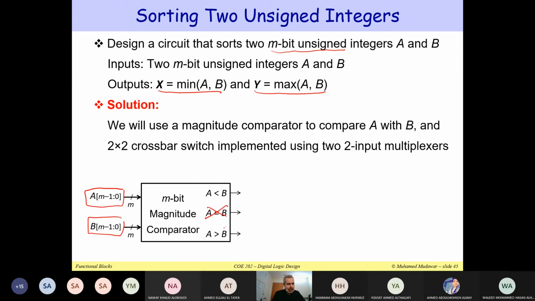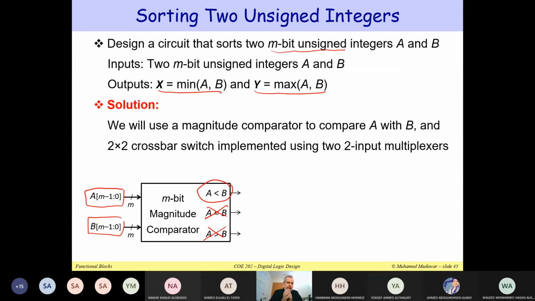I don't really need all these outputs here. It's enough to use one of them, A less than B, because if I know that A less than B is true, is 1, then I know that A is the minimum, and B will be the maximum. And otherwise, we can just reverse them.